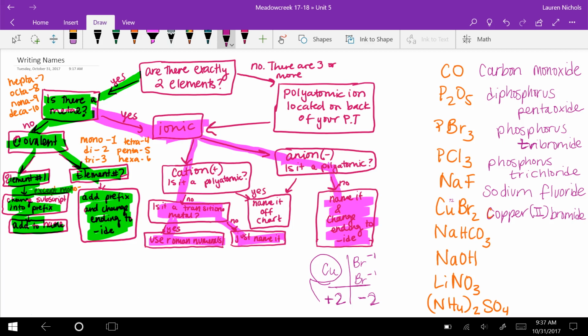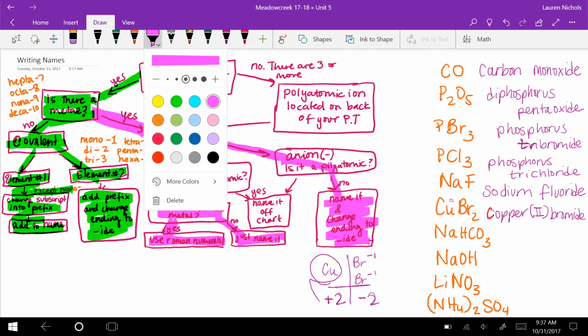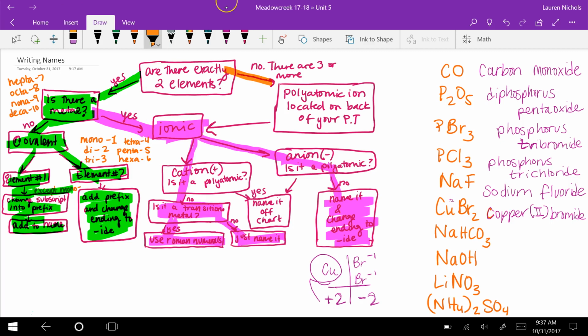Now if I look at NaHCO3, I am again getting something new this time. Okay, I do have 3 or more, so that means I have a polyatomic ion, which means I'm going to be ionic. And so when I look at my cation, okay, we have to decide what is going to be the polyatomic ion here.